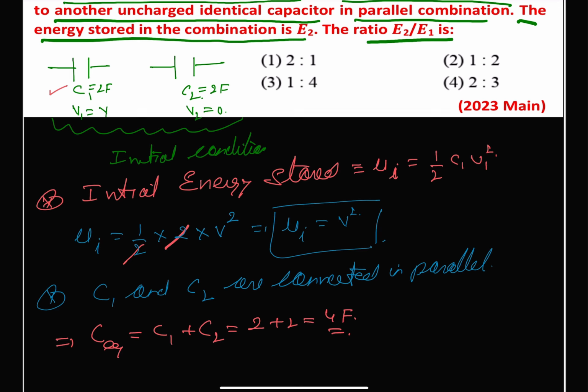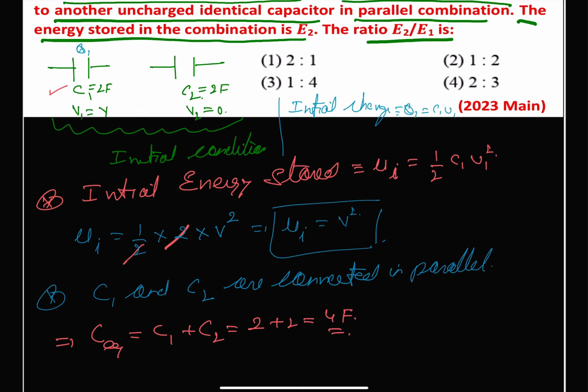So we can write that initial charge, let us suppose we call this Q1, and Q1 will be equal to C1 multiplied by V1.